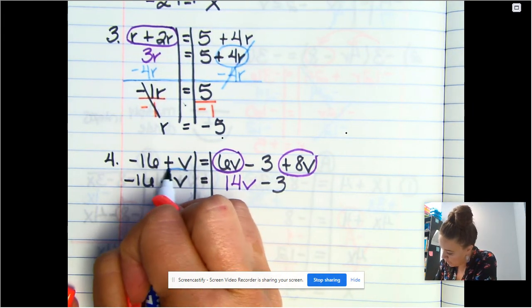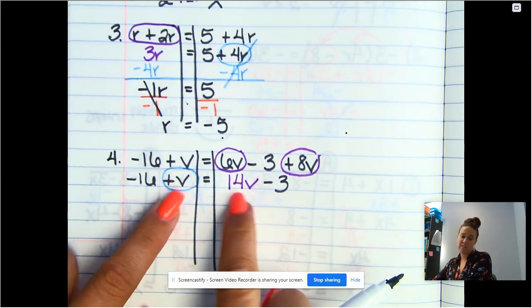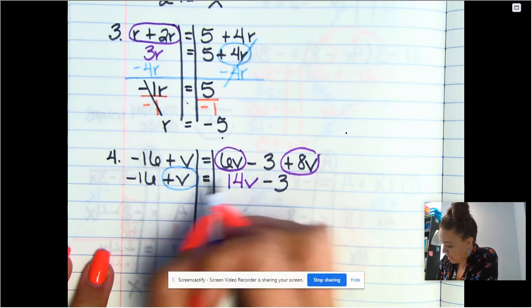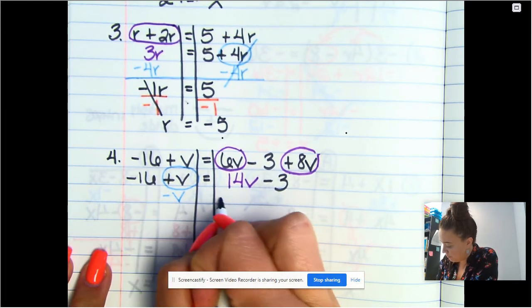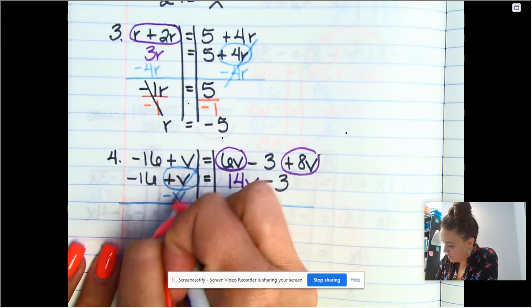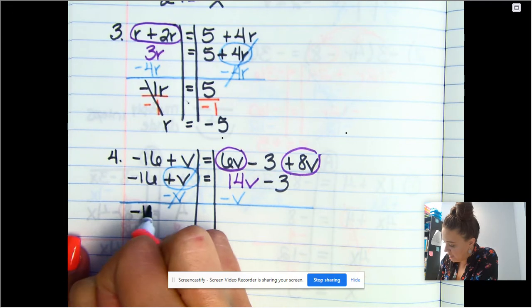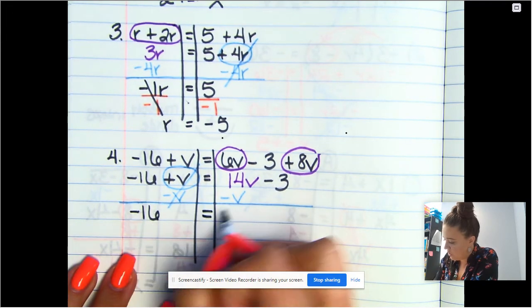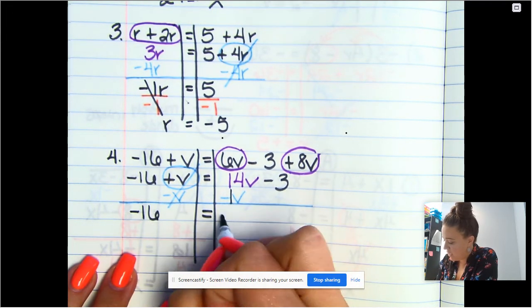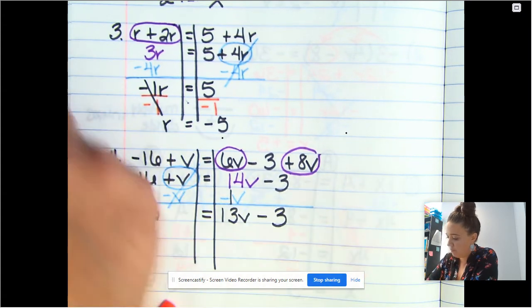So let's do the opposite of a positive v. And again, I'm doing that just because it is the smaller coefficient of these two. So the opposite of a positive v is a negative v. Okay, that cancels out in your 0 pair. So we have negative 16, again, that canceled, equals 14 minus a 1v is 13v minus 3.